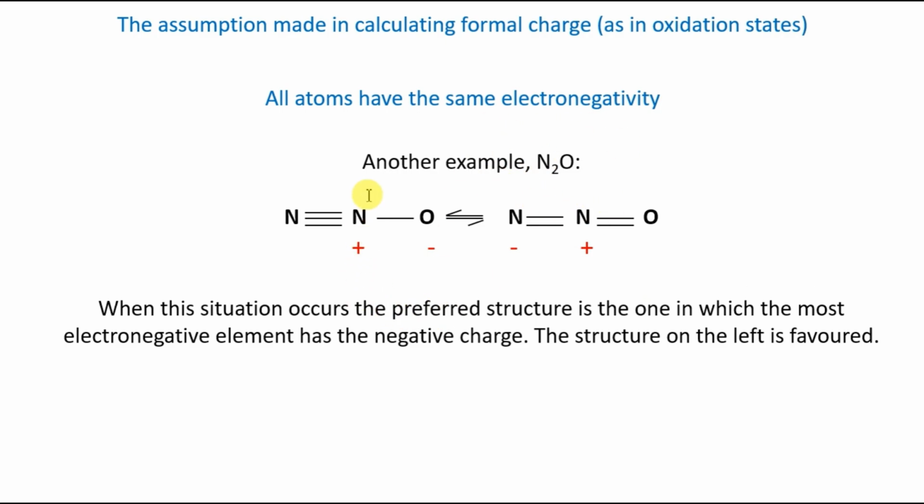One of them with the central nitrogen atom having a formal charge of plus, the oxygen negative, and one as shown, with the nitrogen on the left having a formal charge of -1, the central nitrogen +1. When this situation occurs, the preferred structure is the one in which the most electronegative element has the negative charge. Structure on the left is favored.